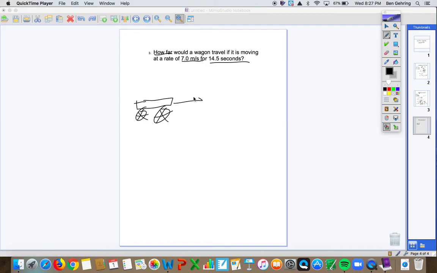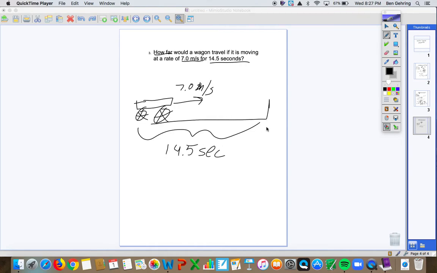If it's traveling at a rate of 7.0 meters per second for 14.5 seconds, I want to know how far it would go. So things that I know. I have velocity, distance, and time. I know the velocity is 7.0 meters per second, in this case to the right. I don't know the distance, that's what I'm looking for. And I know the time is 14.5 seconds.